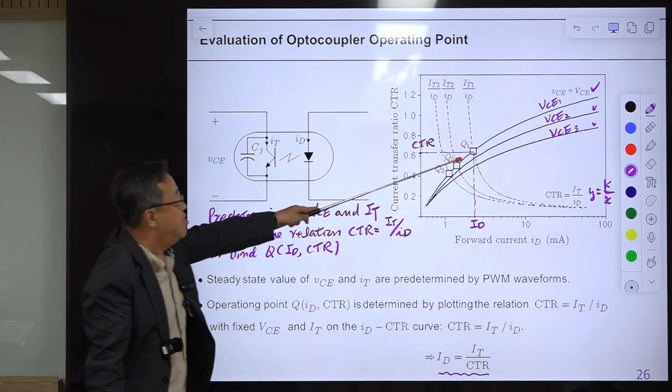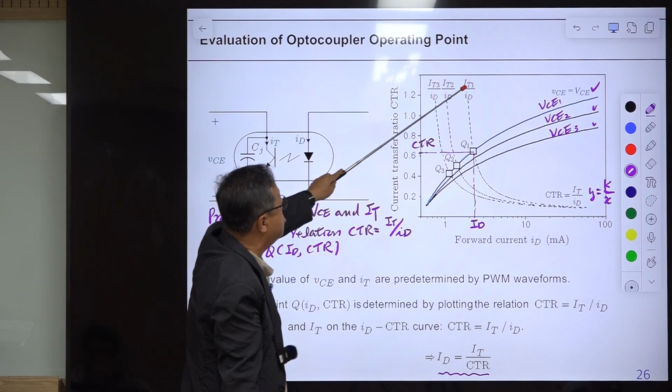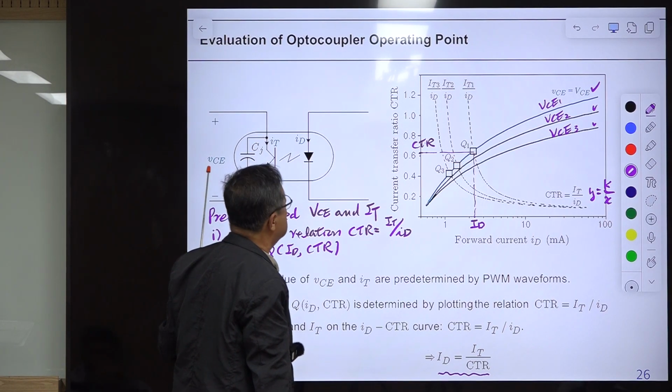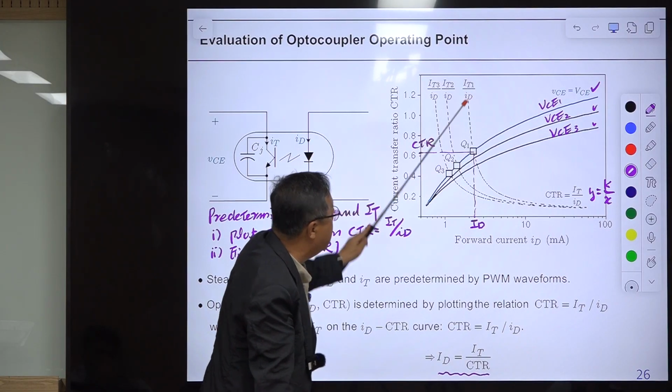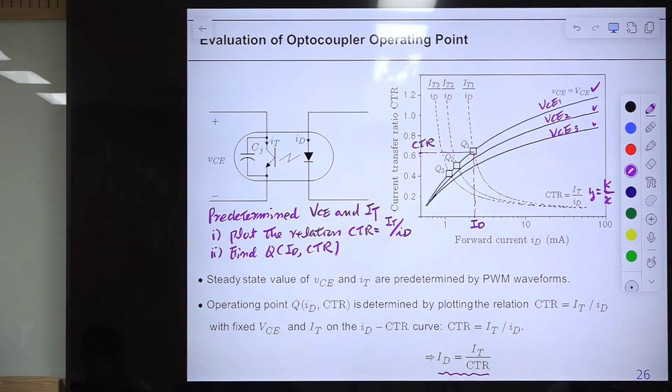From these three curves, you select this one because IT is known and VC is known. So you select this curve, and you draw this line generated from this equation. This is the simple equation.